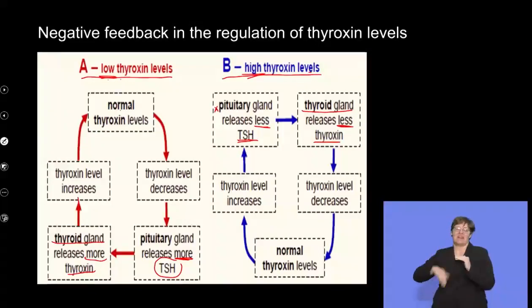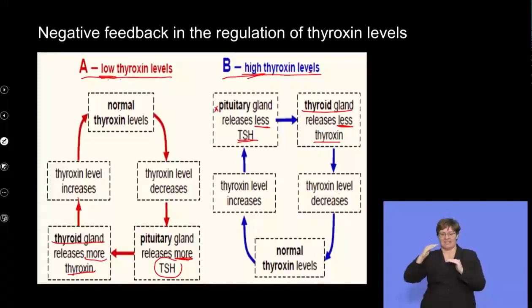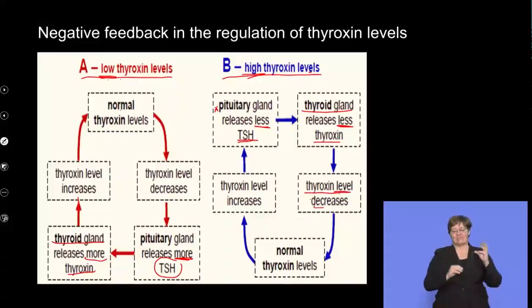So when less thyroxine is secreted, the level of thyroxine decreases. That will make the level of thyroxine in our system normal. And then the cycle continues like that, because when we started here, we said it is high. Then this is the process.